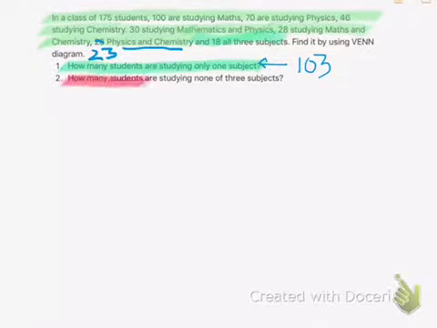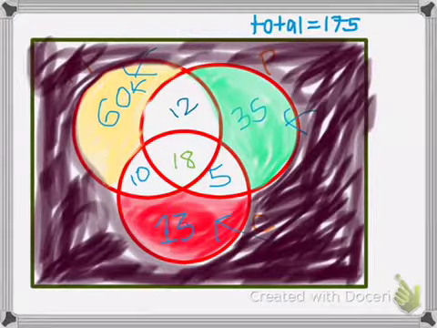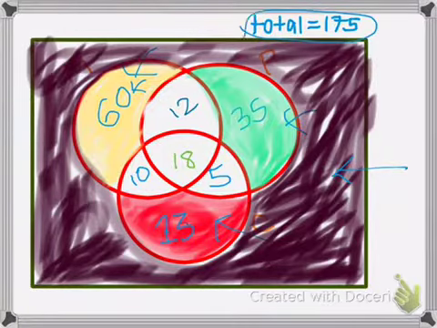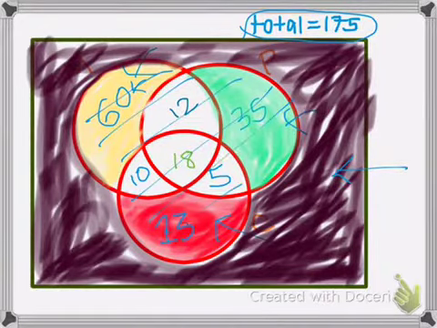Now, how many students are studying none of the three subjects? It is represented by this black part, which is outside the circles and inside the rectangle. For this we have to subtract the total of the circles, which is the union part, from the total number of students, which is 175.